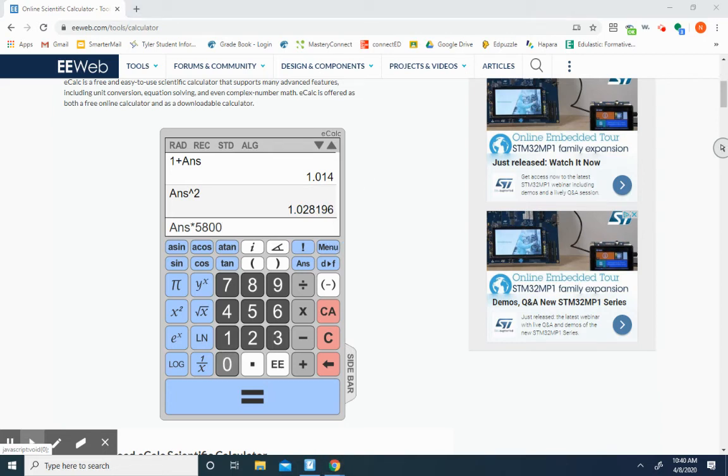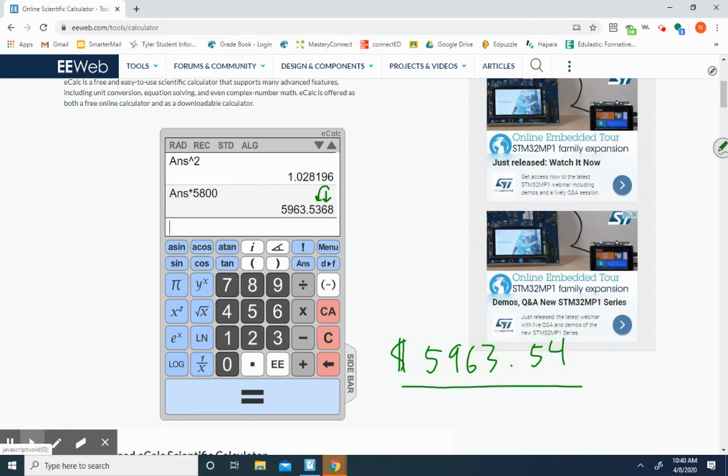And this should give us our final amount. So from account 2, we make 5963 and then 54 cents, because the third decimal is 5 or higher, so I got to round 3 up to 4.